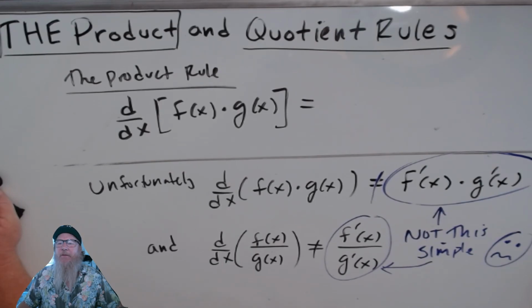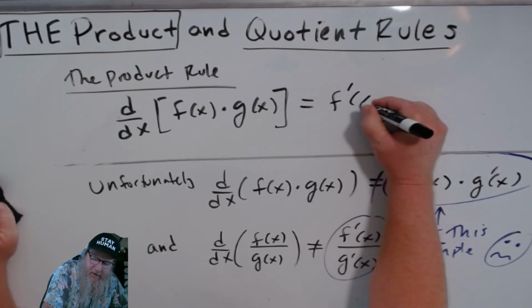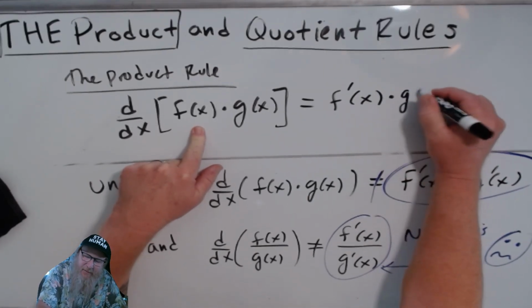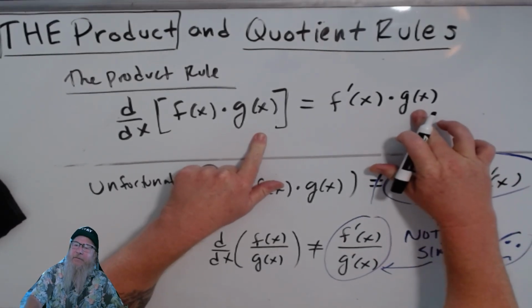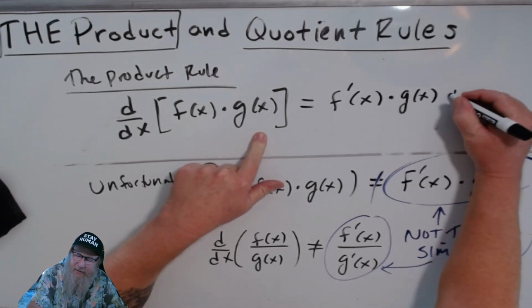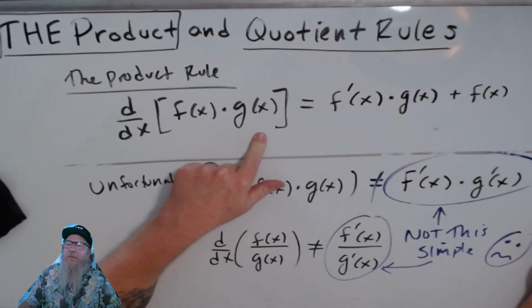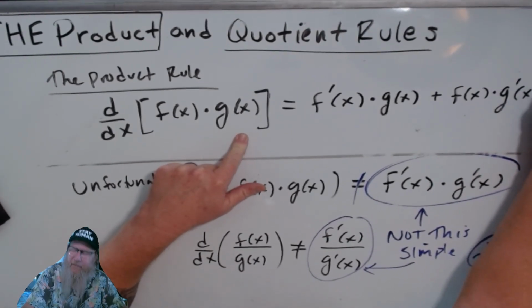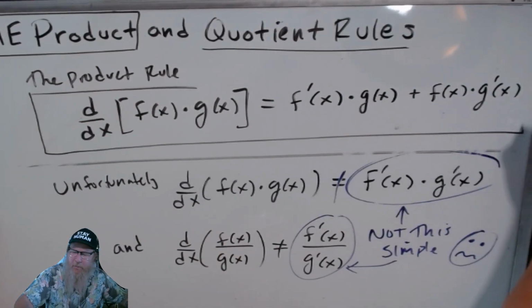The derivative of the product is equal to the derivative of the first function, f, times the second function, g, without a derivative, plus the first function without a derivative times the derivative of the second function. So this is called the product rule.